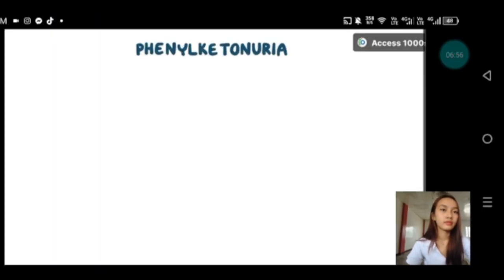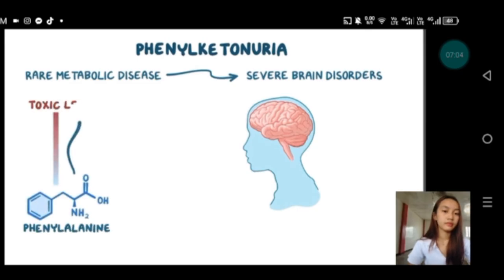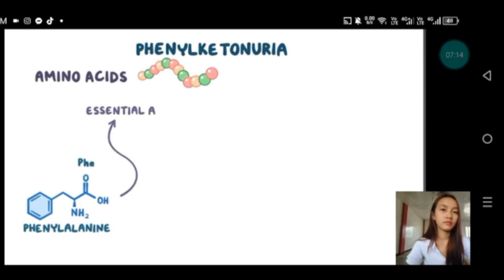Phenylketonuria, or PKU, is a rare metabolic disease that can lead to severe brain disorders caused by the accumulation of the amino acid phenylalanine to toxic levels in the blood and brain. Amino acids are the basic building blocks that make up proteins. Phenylalanine, or Phe, is one of the essential amino acids. It's necessary for life, but our bodies can't make it.